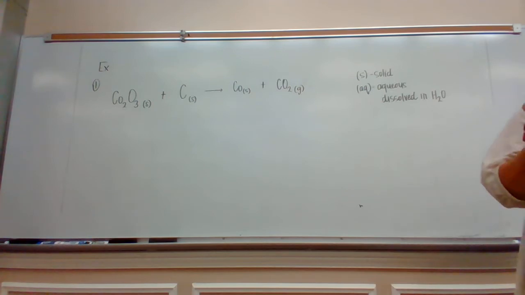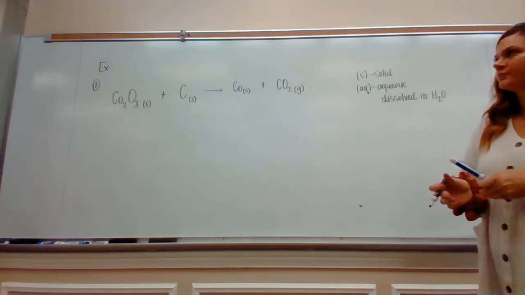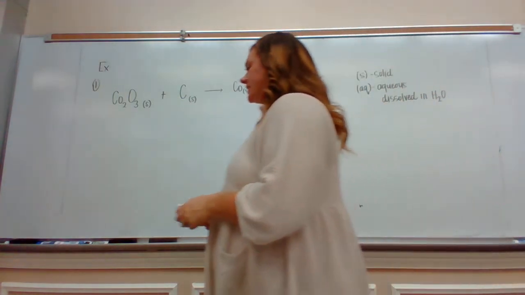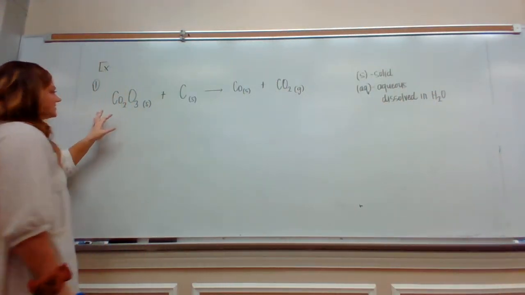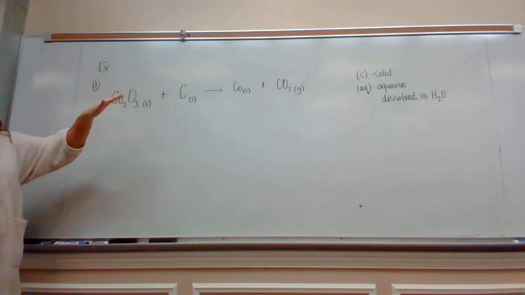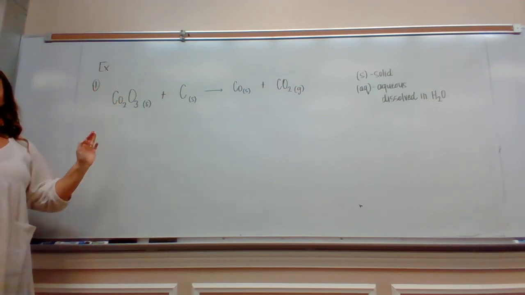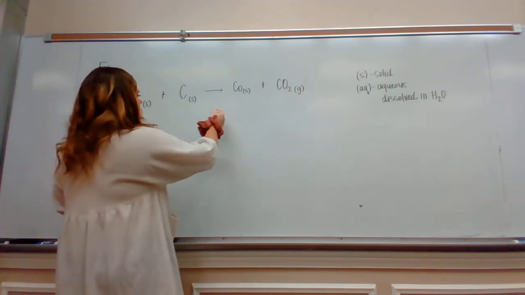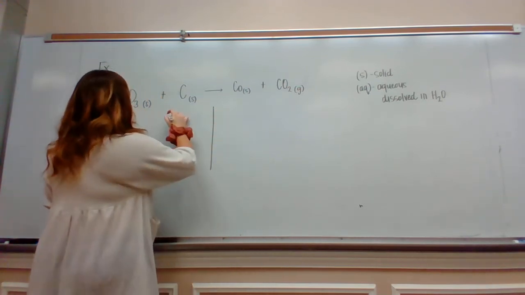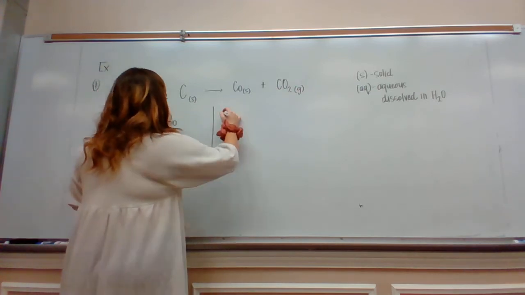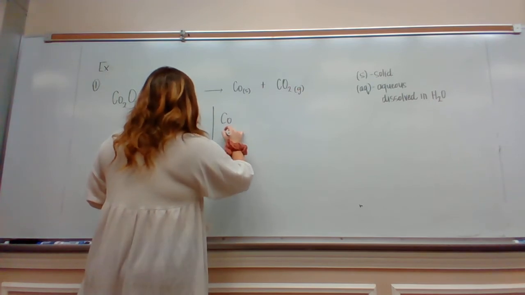All right, so now we've got to balance it. When I say balance it, I mean that I need the same number of moles of each element on both sides of the equation. Okay, so the way I generally do it is I form a little table.